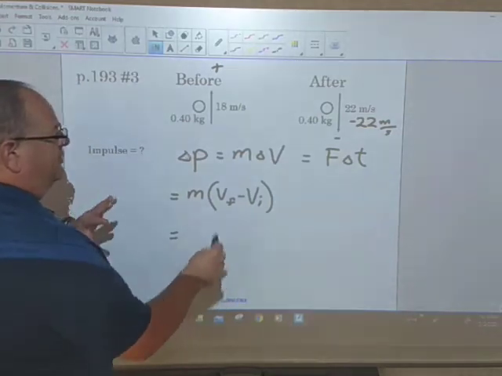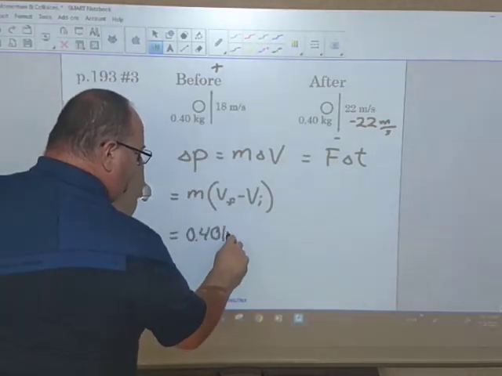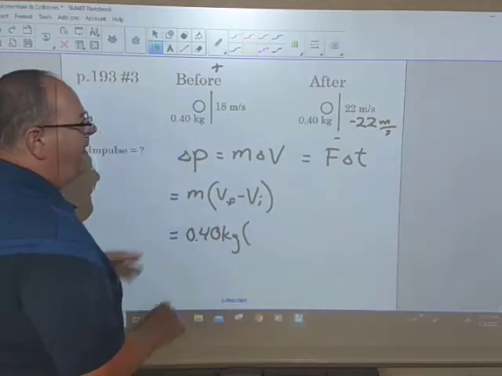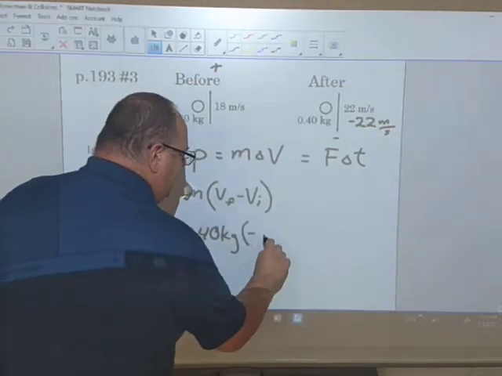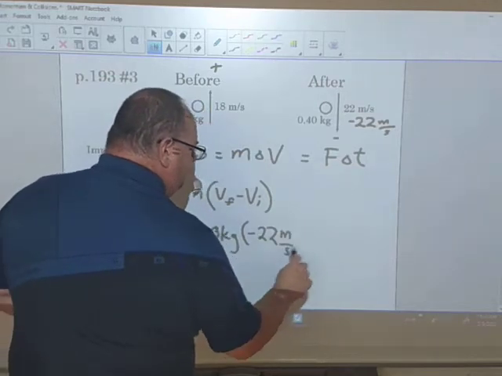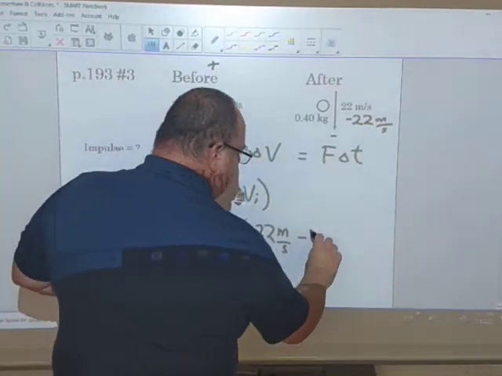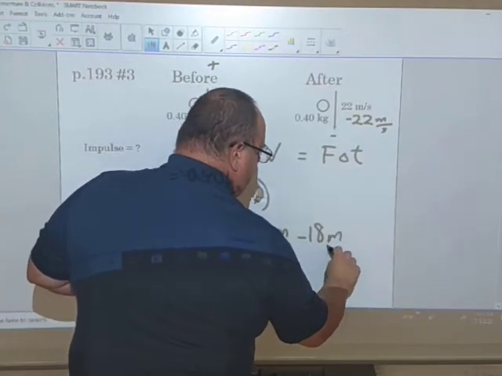I'm going to plug in my numbers here. My mass was 0.40 kilograms. My final velocity is a negative 22 meters per second. And now I'm subtracting my initial velocity, which was a positive 18 meters per second.